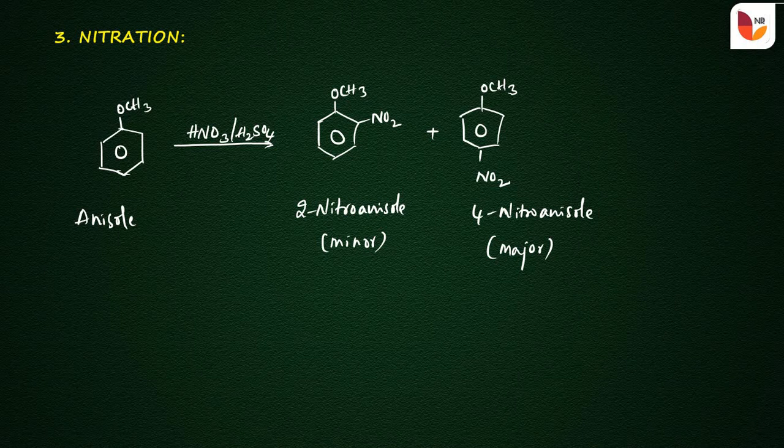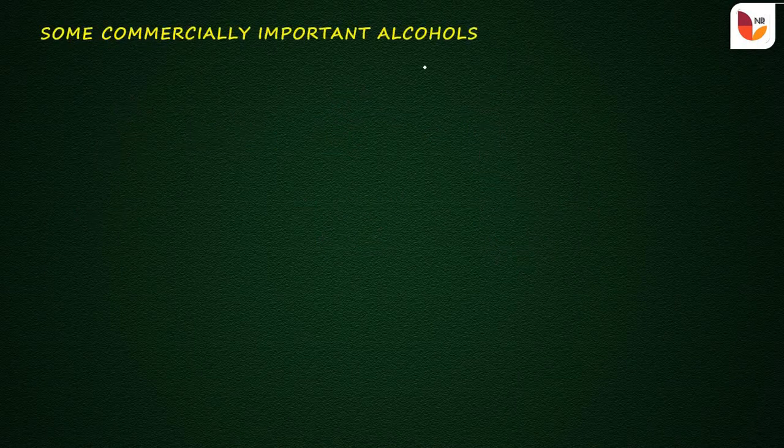That is, when anisole reacts with the nitrating mixture, the mixture of concentrated sulfuric acid and nitric acid, it yields a mixture of ortho and para nitroanisole. So these are the electrophilic substitution reactions of ethers, especially for anisole. And let us see how these alcohols are commercially important.